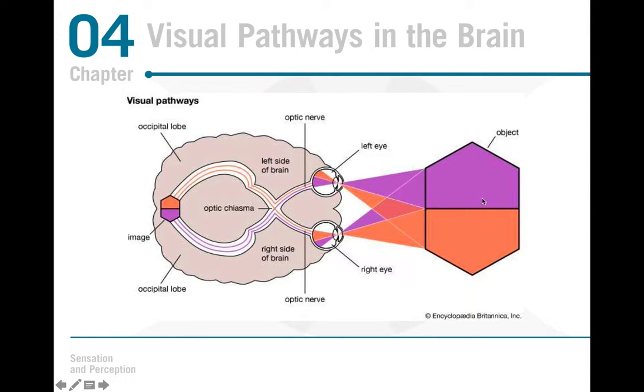Anything on the left visual field is registered on the right side of the retinas on both eyes, which then gets sent down to the right hemisphere for further processing. Everything on the right side of the visual field gets registered on the left retinas on both eyes, which then gets processed down the line in the left hemisphere.